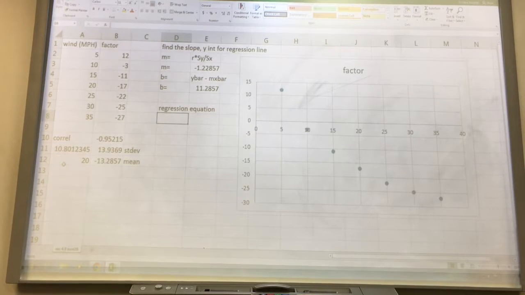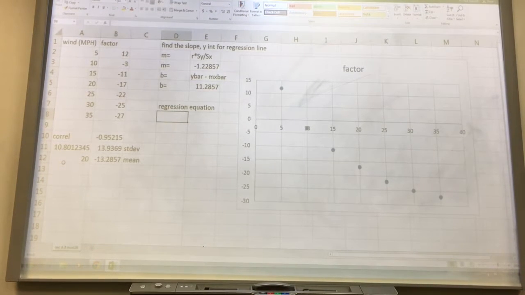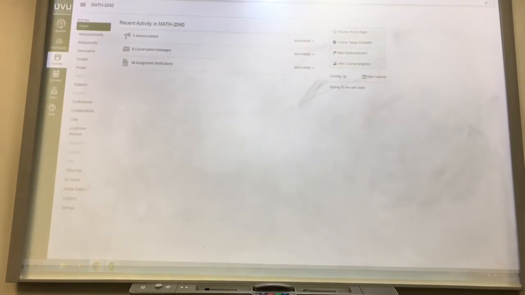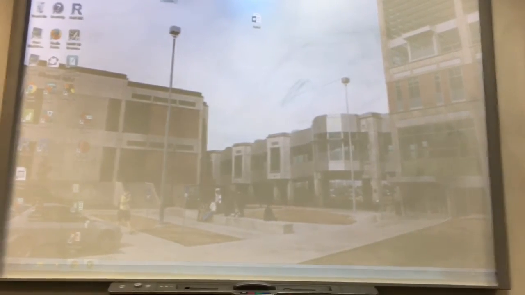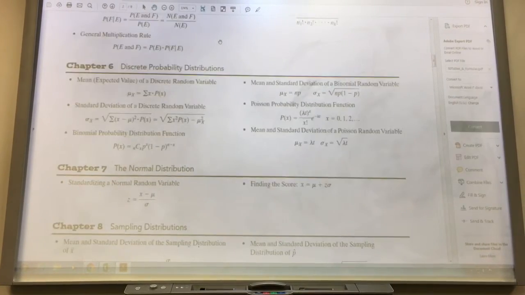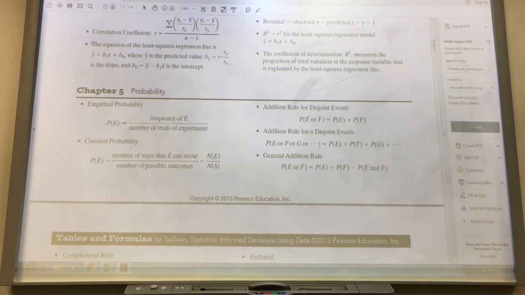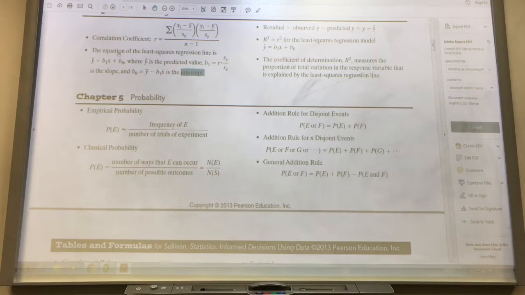So my regression equation is, for the y bar minus, is m the slope? Yes, the slope times x bar. Now, by the way, that's not exactly the same thing you have in here. Let's look at the formula sheet you're going to see tomorrow. It doesn't use m and b, it uses b sub 0 and b sub 1.